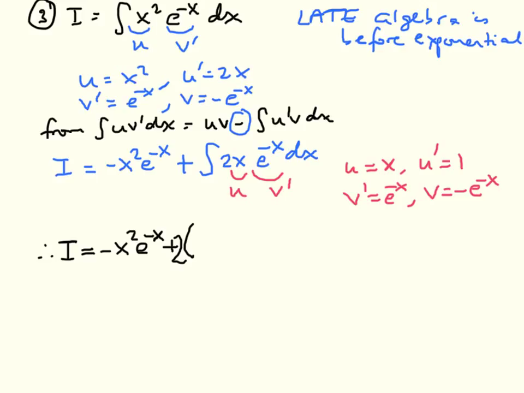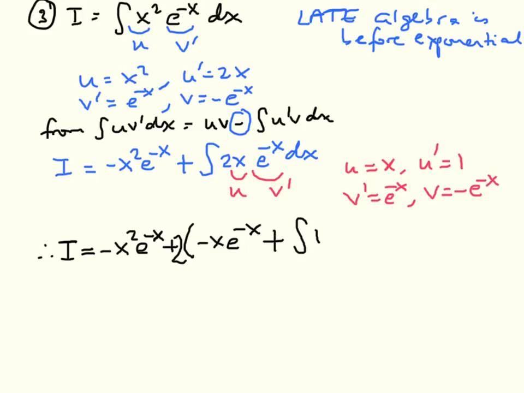And now we have u times v, u is x, v is minus e to the minus x, so I'm just going to put the minus sign in front and an e to the minus x. Then we have minus the integral, and now we have u prime, which is 1, times v, and v is now minus e to the minus x, so I'm going to again change the sign here.